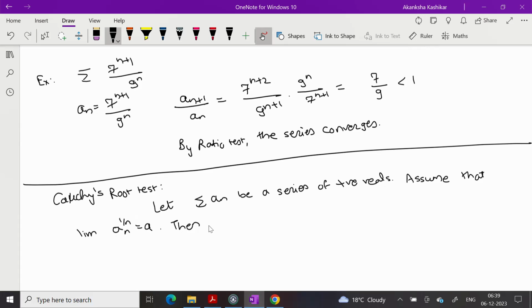Then the series summation a_n is convergent if that limiting value a is between 0 and 1.